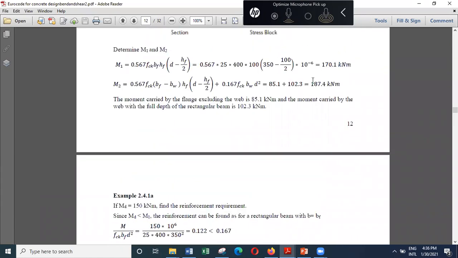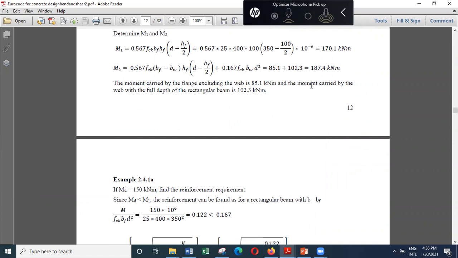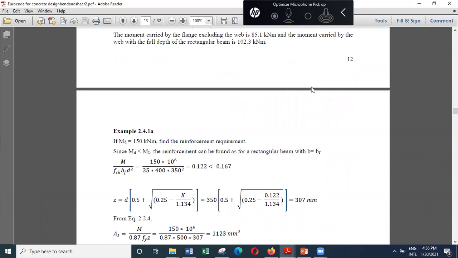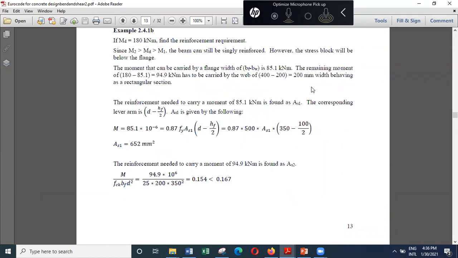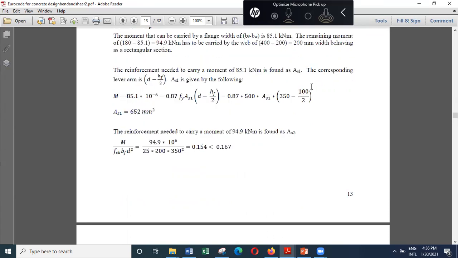these two values that we calculated, which means the flange is fully utilized and part of the web is also utilized, not fully. So we have to consider that the beam consists of part flange, part web, and for the flange part, we know all the details because we know it's fully in compression.